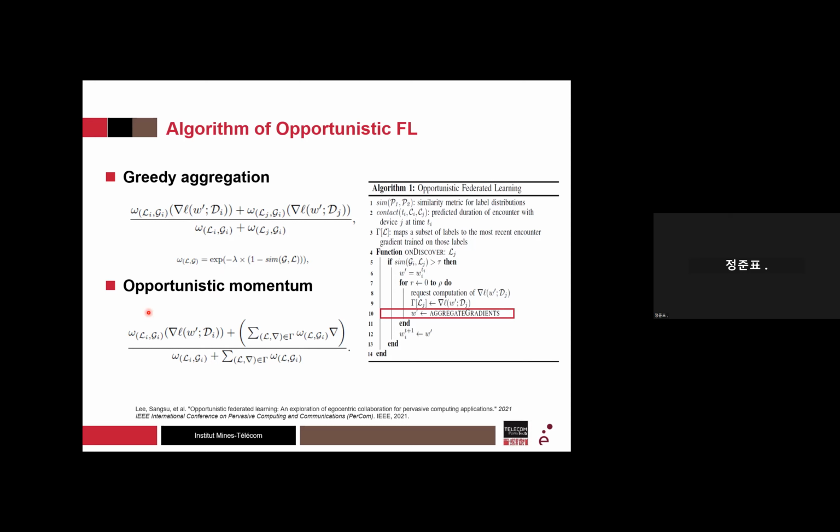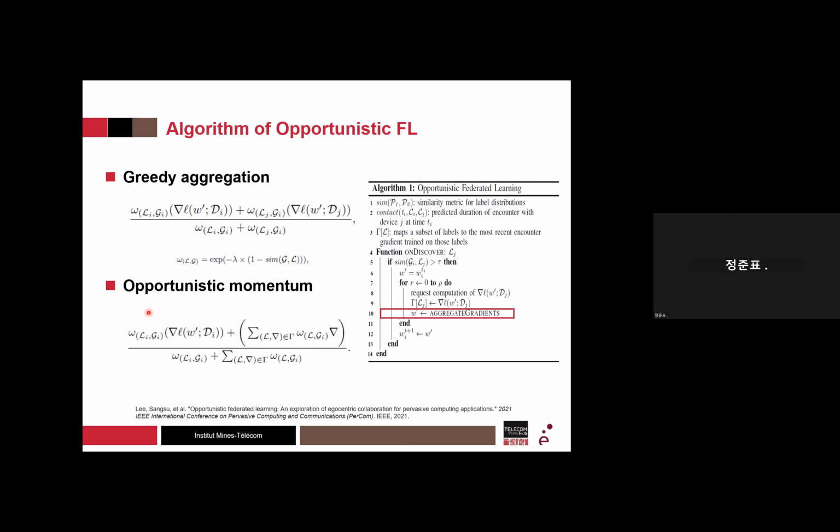Then the opportunistic momentum considers recent encounters, where the diversity is determined by differences in the data label distribution of the contributed gradient. This approach averages over all of the stored gradients in the data structure gamma.